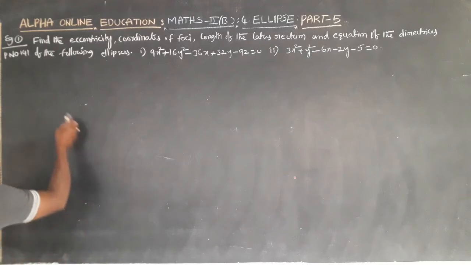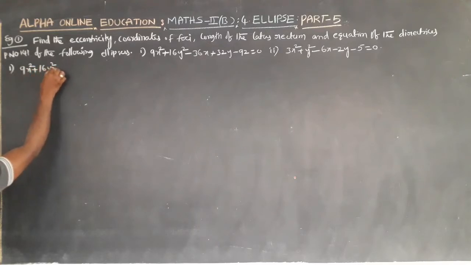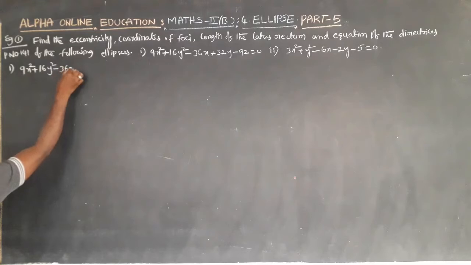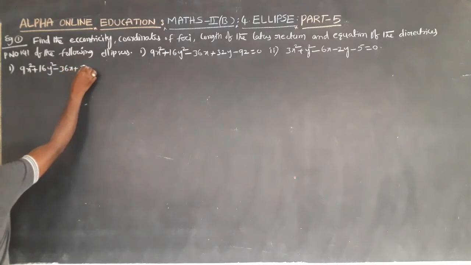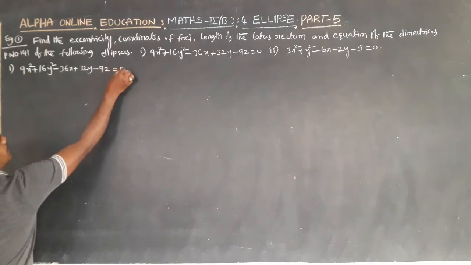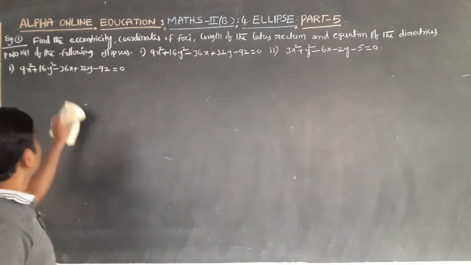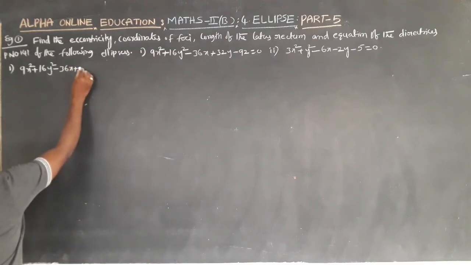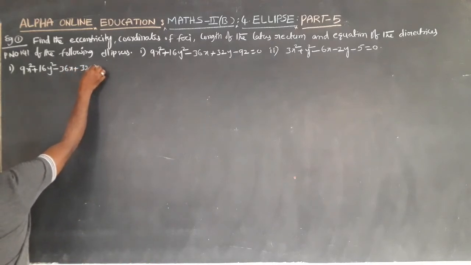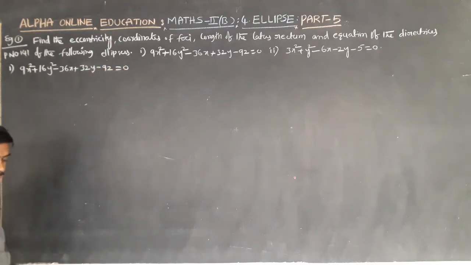First one, equation of the ellipse: 9x square plus 16y square minus 36x plus 32y minus 92 is equal to 0. This is the first ellipse.